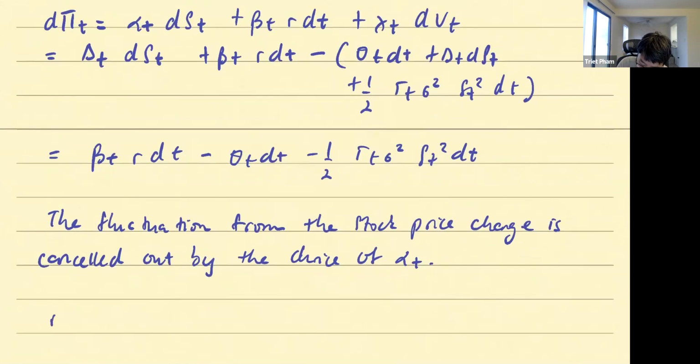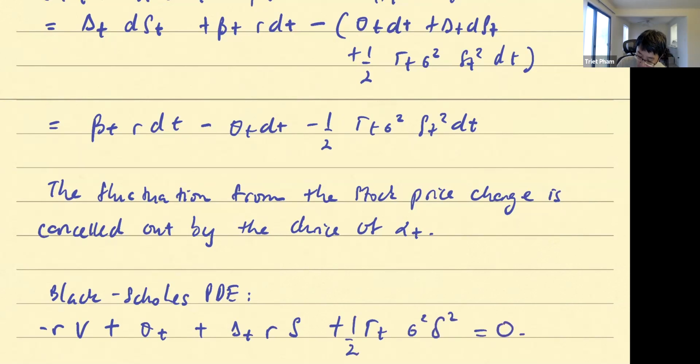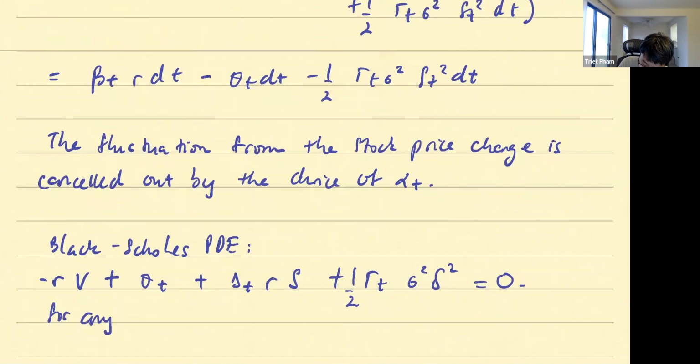So the Black-Scholes PDE says minus R times the value of the derivative, so minus RV plus V sub t plus V sub x times R times S, and then plus 1/2 gamma sigma square S squared is equal to 0, okay, for any option.